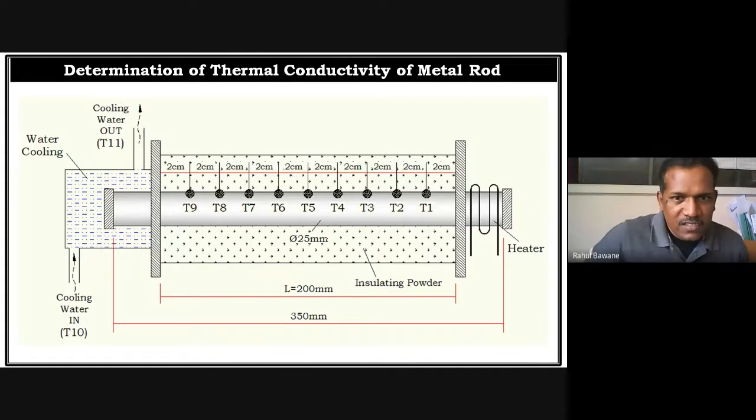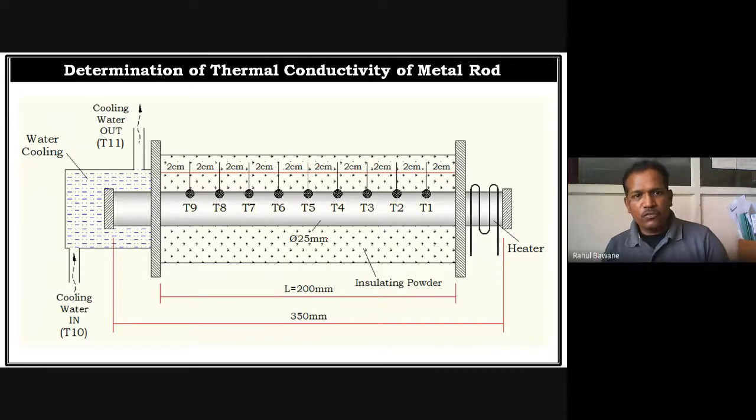Now what is the internal construction of this equipment? There is one copper rod. One end of the copper rod is fitted at the heater end, that means a heating coil is there, and the opposite end is surrounded by a cooling water jacket.